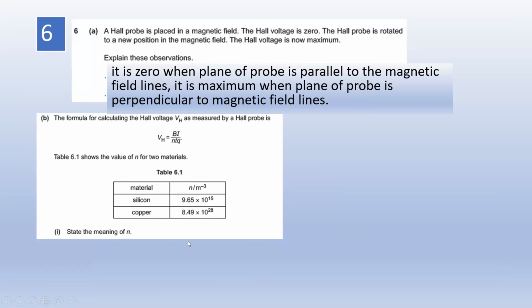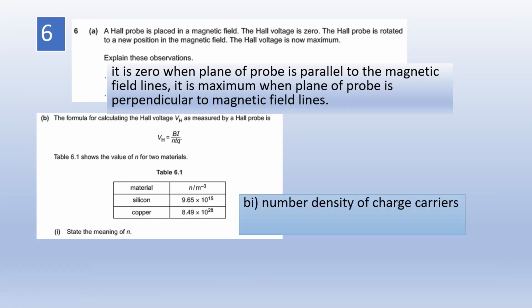So, right? They are given the formula for Hall voltage. And they are given a table for material and n. State the meaning of n. Number density of charge carriers. Okay.